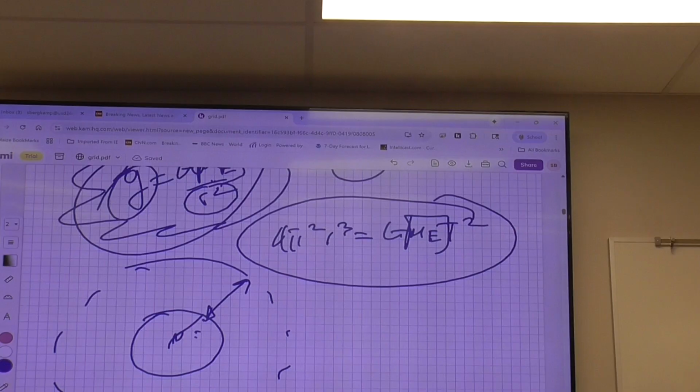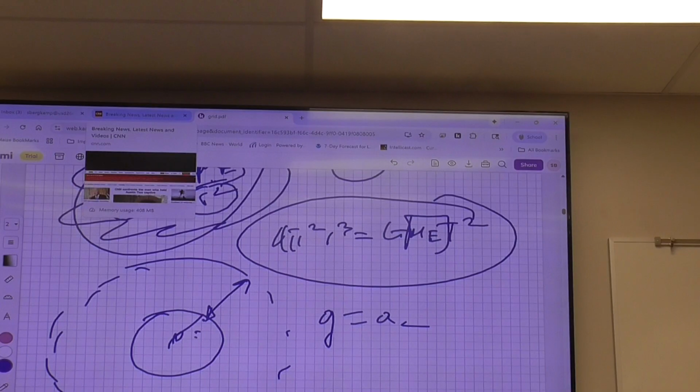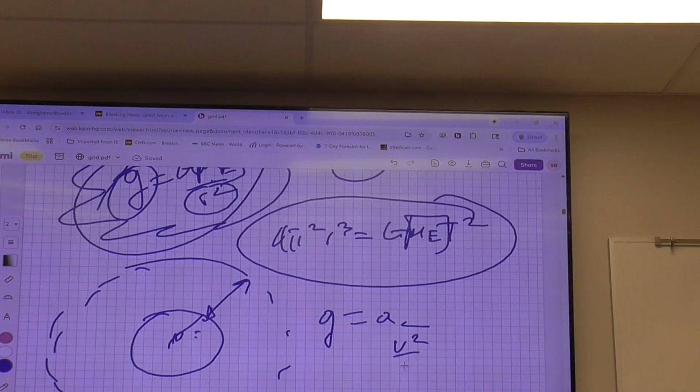But here's where these two ideas cross. At any point, once it's actually in orbit, little g is going to equal your centripetal acceleration, okay? So again, there's a whole bunch of different ways you can look at centripetal acceleration. You could use v squared over r. You could use 4 pi squared r over t squared. And all of that's going to equal little g. So here's the idea, and I promise you, you're going to have a problem like this.